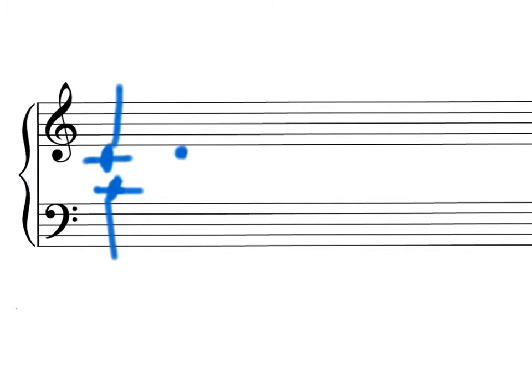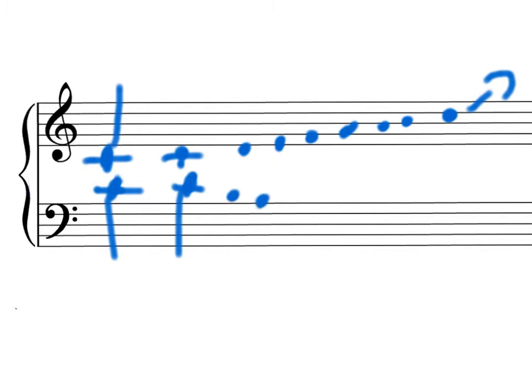You have C here, D4, E4, F4, G4, A4, B4, and at this C here, you have C5, and then so forth. Same as if you're going down. You have C4 here, but remember what note is under C4?